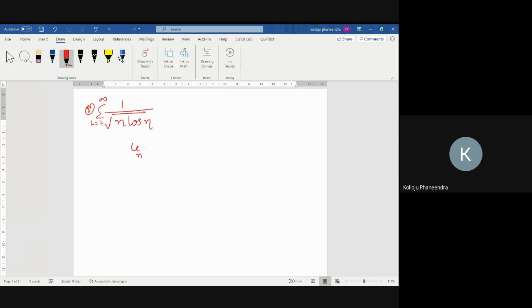Here, what is the nth term? This is 1 by under root of n into log n. Generally what we do is choose 1 by n power 1 by 2 and 1 by under root log n, right?